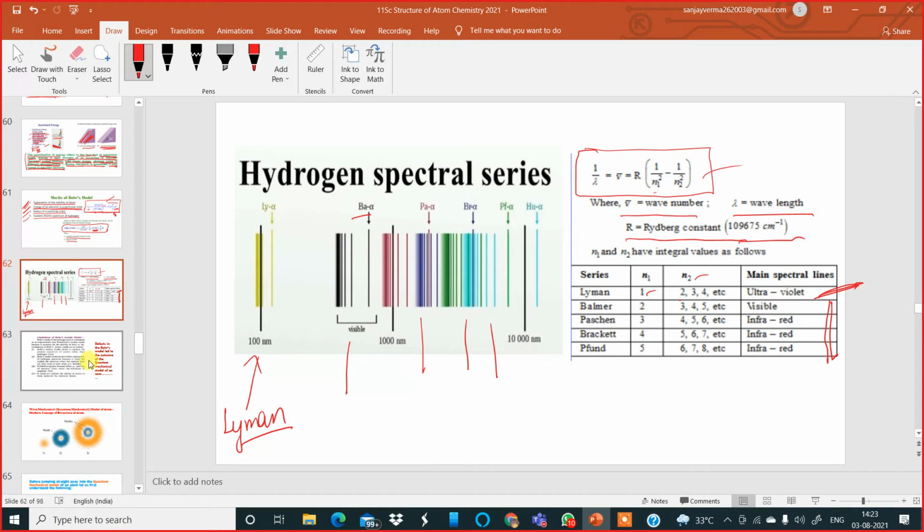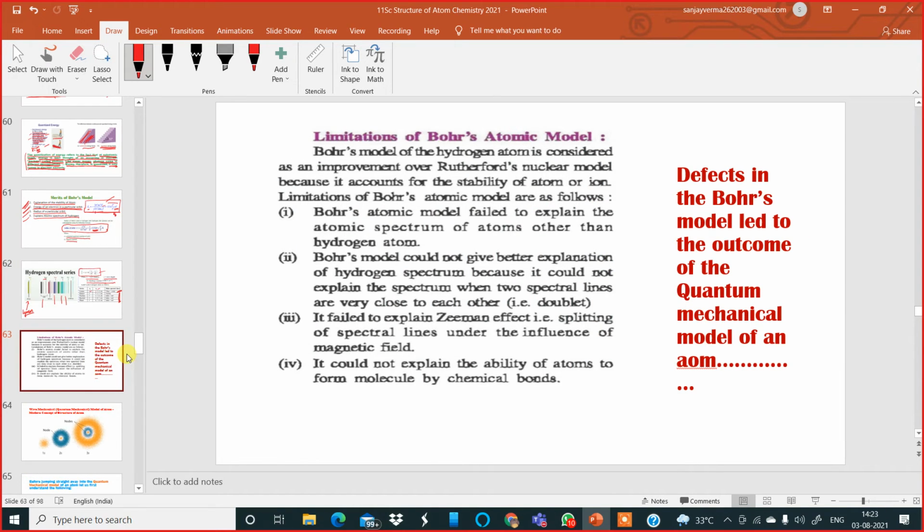Now moving further to the next slide, the most important thing over here is limitations of the Bohr's atomic model. What are the limitations? The Bohr's model of hydrogen atom is considered as an improvement over Rutherford's nuclear model because it accounts for the stability of atom or ion. Limitations of Bohr's atomic model are as follows, point-wise.